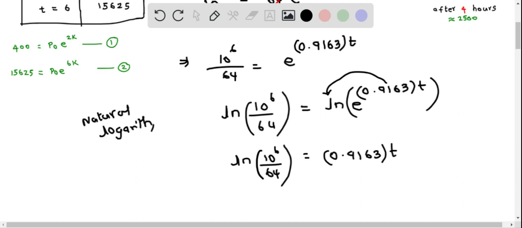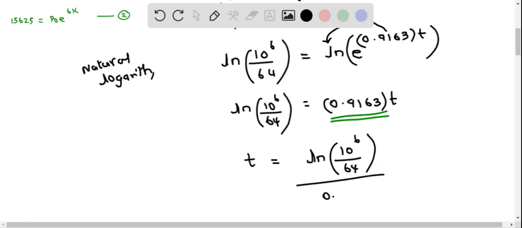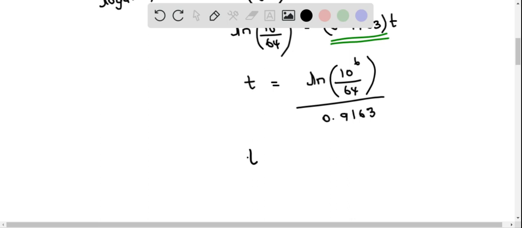Now we can determine the value of t when we divide both sides by 0.9163. Let me rearrange so that I have t on the left side. So t is going to be the natural logarithm of 10 power 6 divided by 64, divided by 0.9163. We can plug this expression into the calculator. Make sure that you plug it in properly.